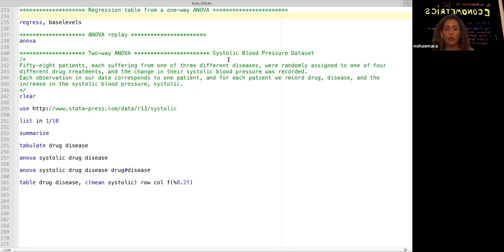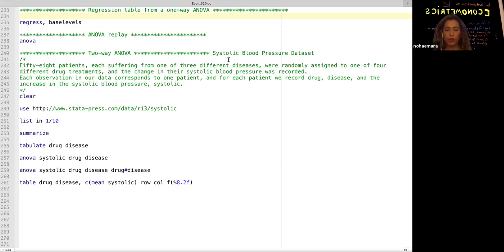According to that, you want to see how the variation, or which one is more important. Is it the variation per drug on the systolic blood pressure, or the variation per disease on the systolic blood pressure, or is it a specific drug for a specific type of disease that leads to high blood pressure, okay?